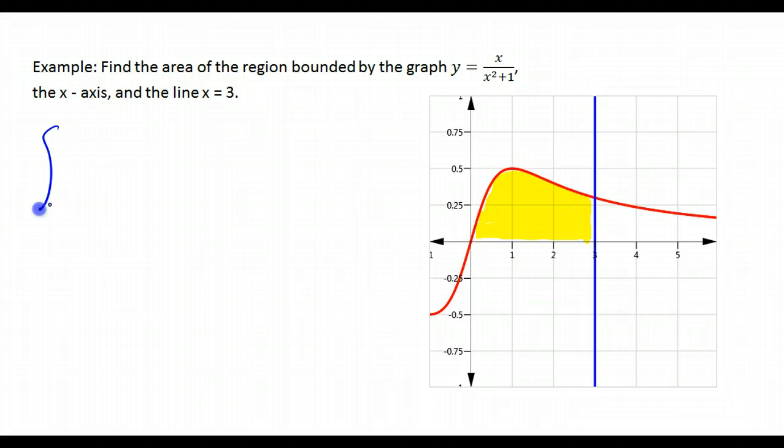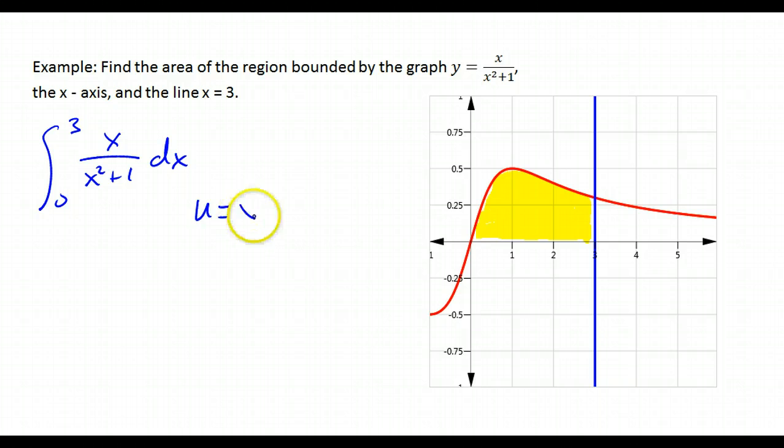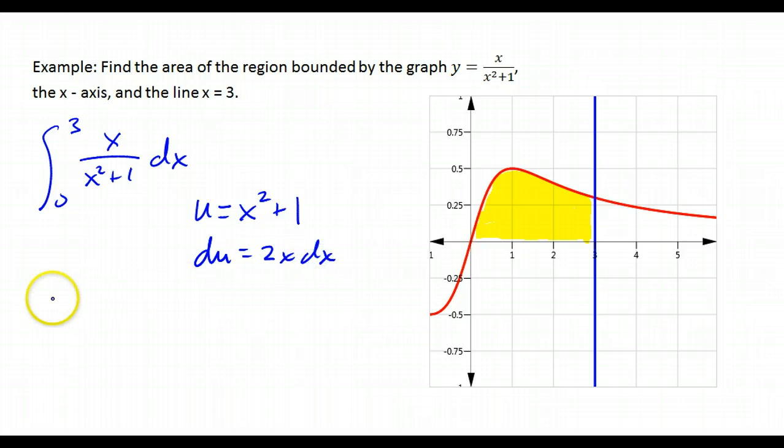So I'm going to go from 0 to 3 of x over x squared plus 1 dx, and we can do a u du substitution. We'll let u equal the denominator, which means du is 2x dx. So I'm going to have 1/2 my integral, and then since I've divided by 2 outside, I can multiply by 2 inside.